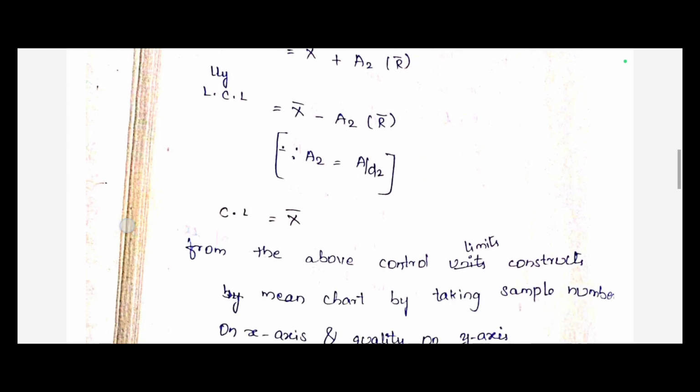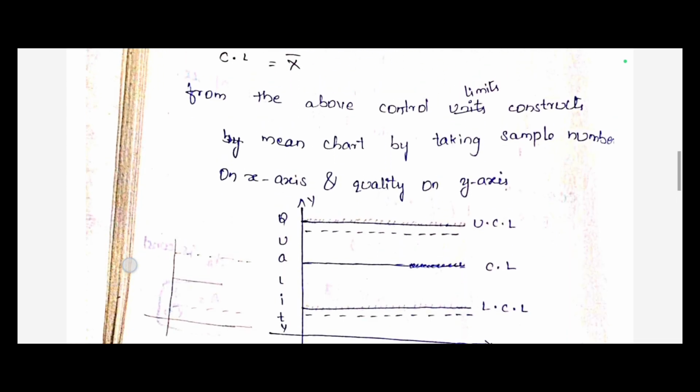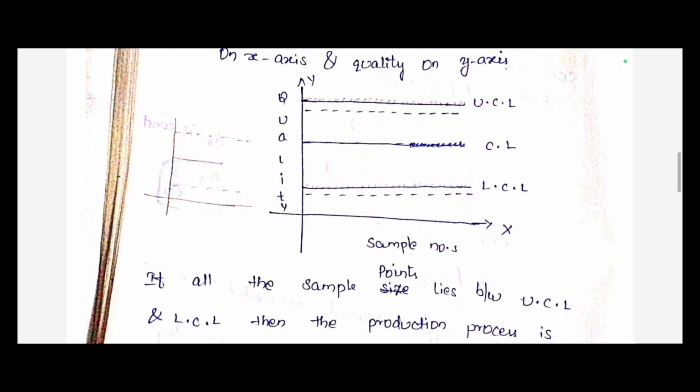Like this we have LCL also and CL also. From the above control limits, construct the mean chart, taking the sample numbers on the x-axis and quality on the y-axis. Like this you have to prepare it.